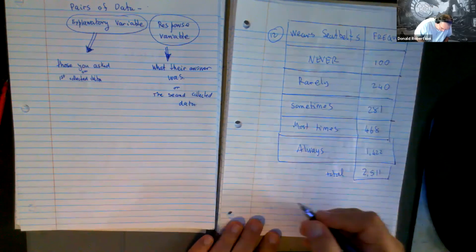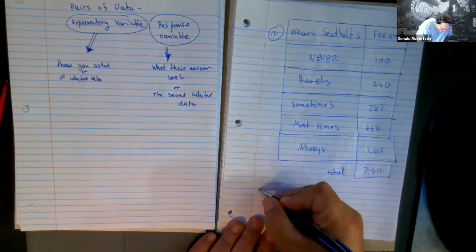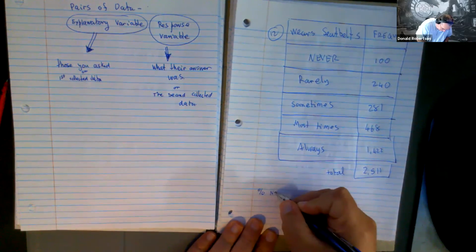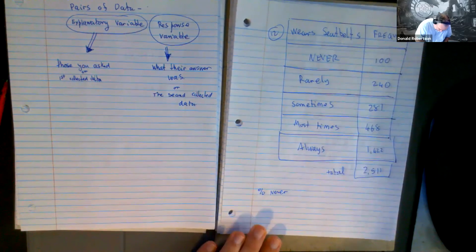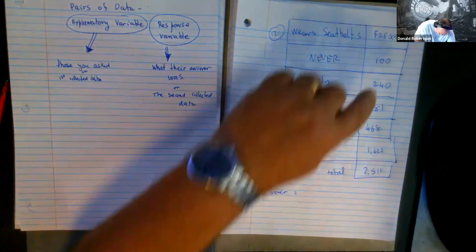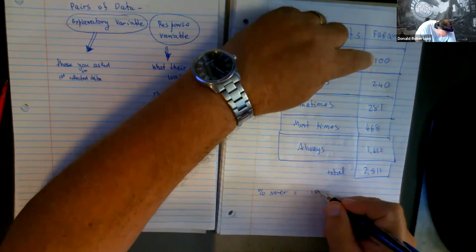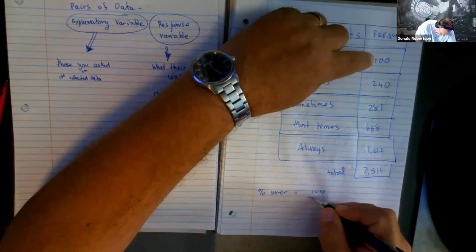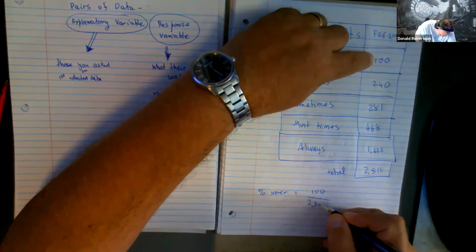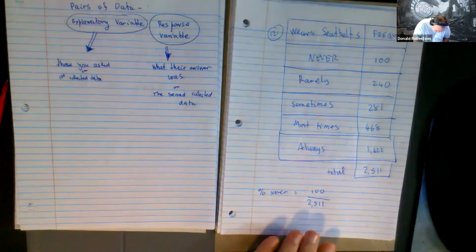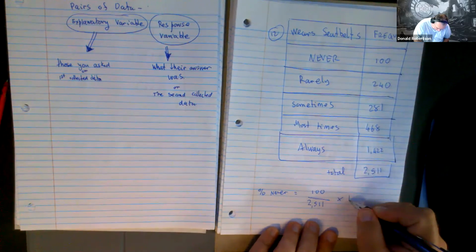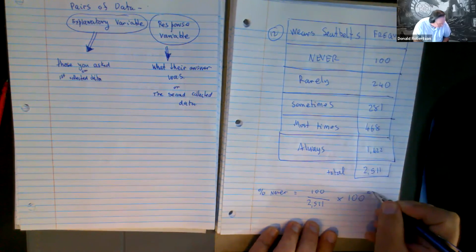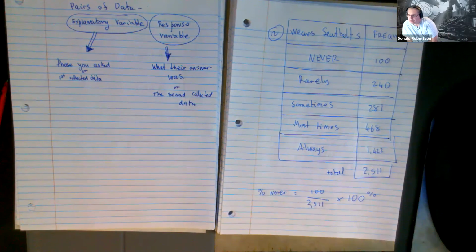For instance, they might ask you, what percentage never wear a seatbelt? Well, you take the number that's never worn one, and you divide it by 2,511. And since the answer has to be a percentage, you multiply by 100. Does that seem obvious and reasonable?